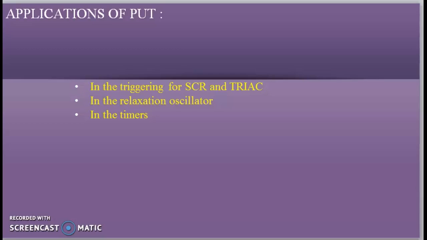PUT can be used for generating a wide range of waveforms, in the form of sawtooth. It is called a relaxation oscillator because the timing interval is very large, there is a relaxation in timing, that is why the name relaxation oscillator. It is also used in timer circuits.